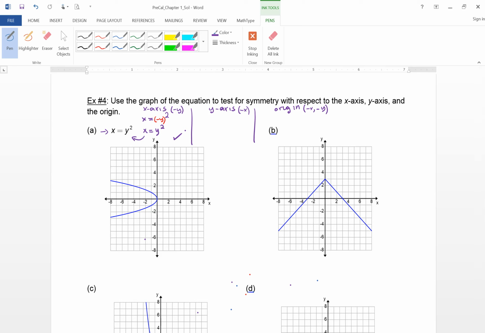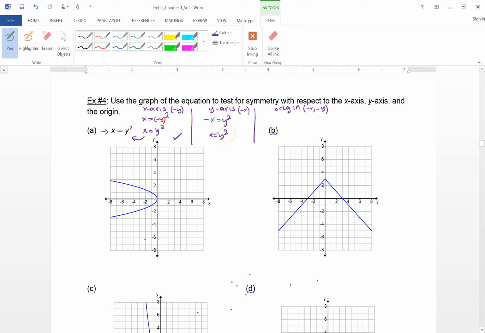Now let's test for the y-axis, okay? For the y-axis, we're going to replace x with negative x. That means negative x equals y squared. Okay? If you simplify, this is x is negative y squared.